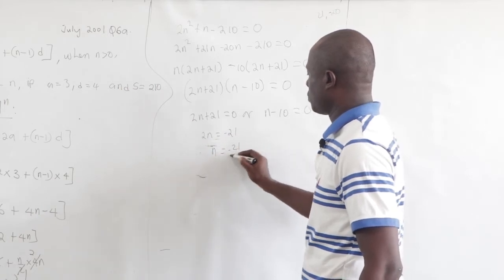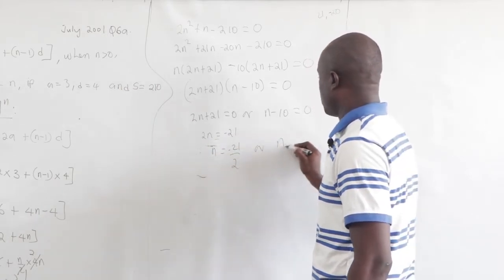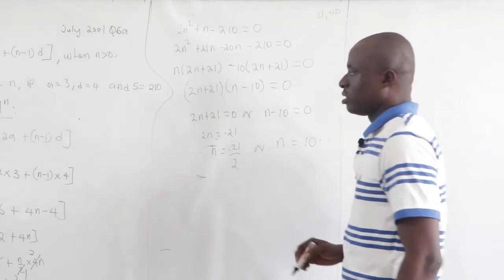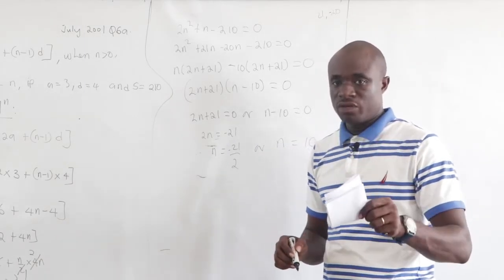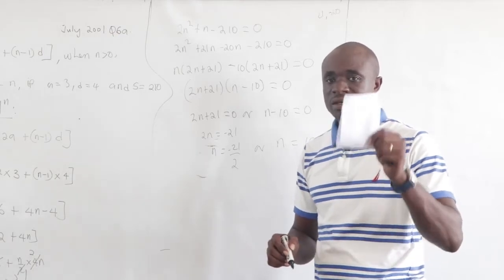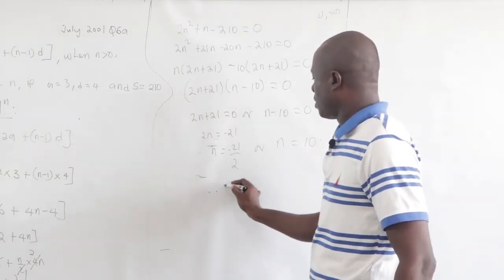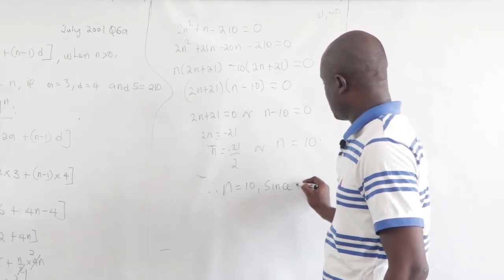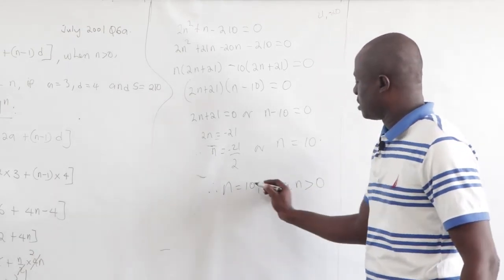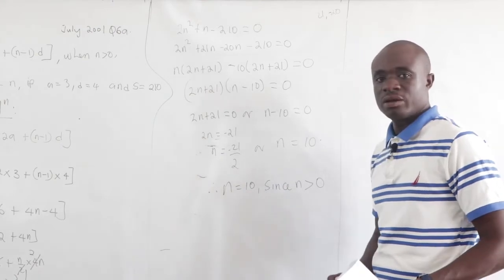N is negative 21 all over 2, or n is equal to 10. But then the condition given to us is that the n should be positive. That is, the n should be greater than 0. Therefore, our n is 10 since the n should be greater than 0.